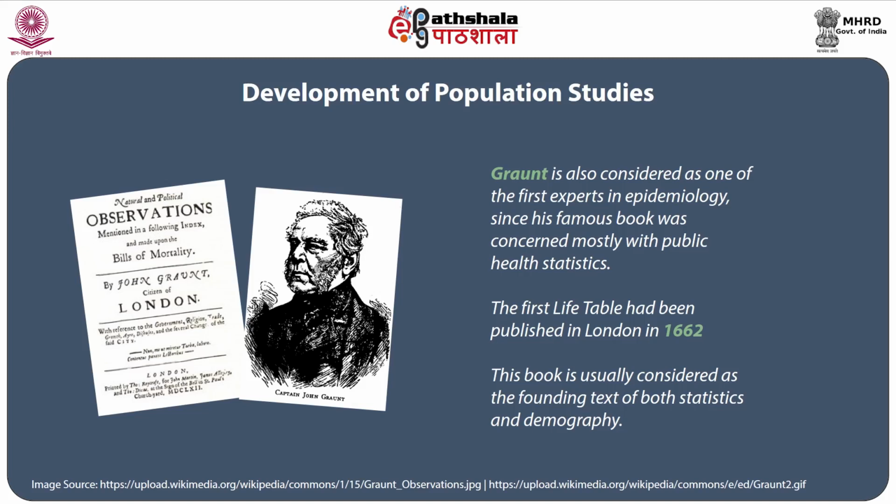This book is usually considered the founding text of both statistics and demography, but it might have been written by John Graunt or by his friend William Petty. That means, to start with, population studies as a discipline started with the study of mortality.